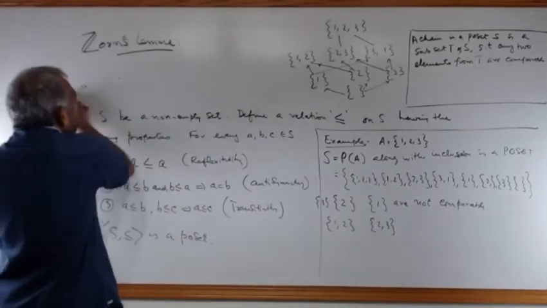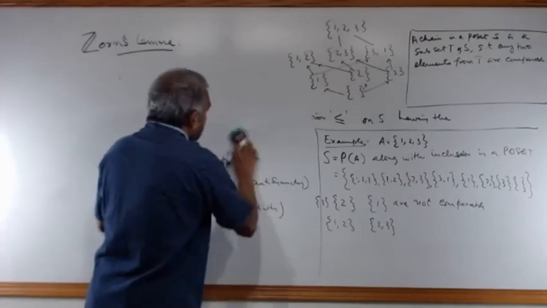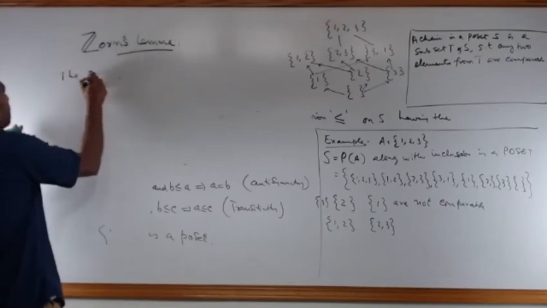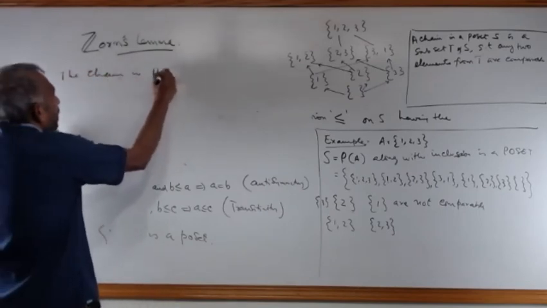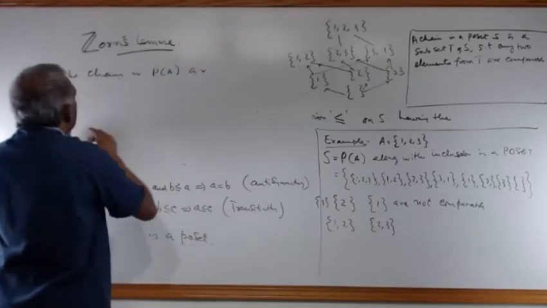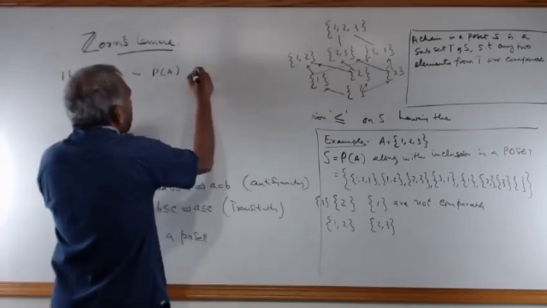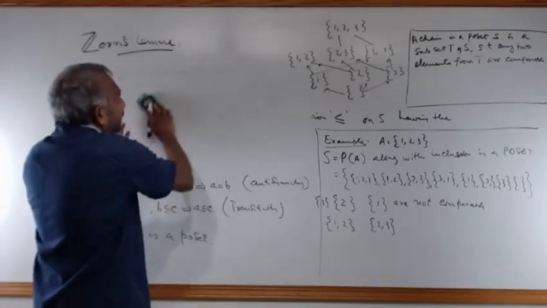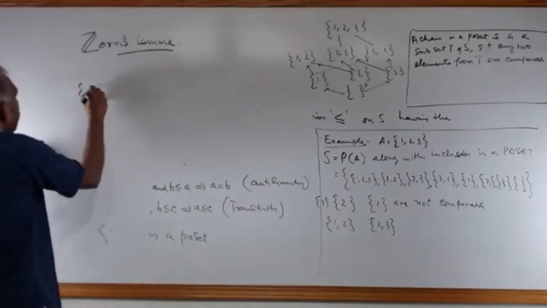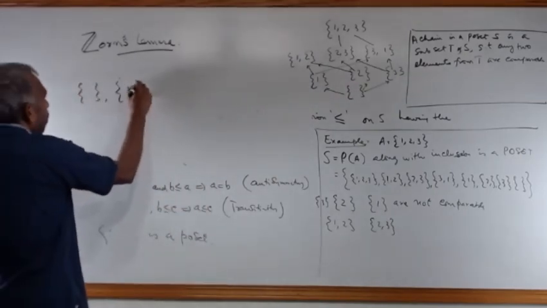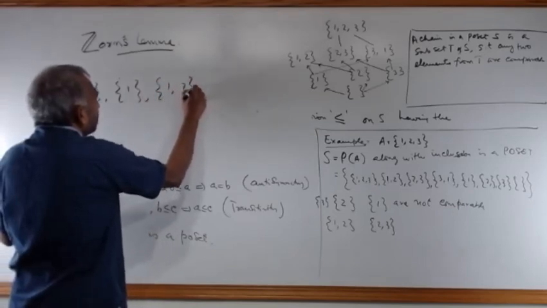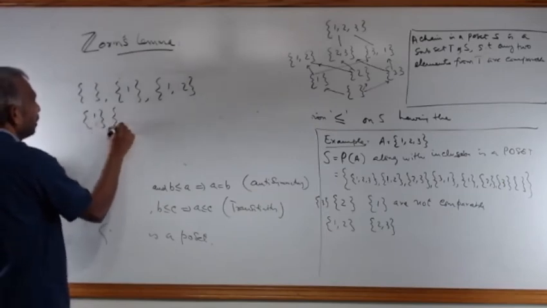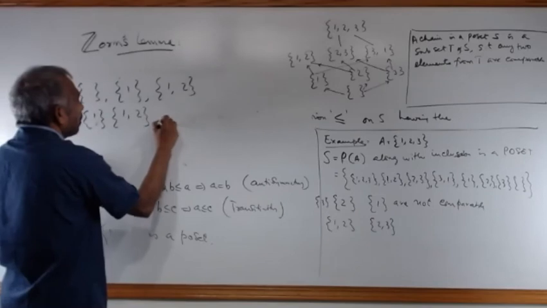For example, the chains in P of A include, I'm not going to write all the chains, this: {1}, {1,2}. This is a chain, and this: {1,2}, {1,2,3}.